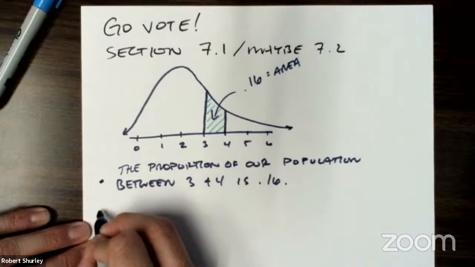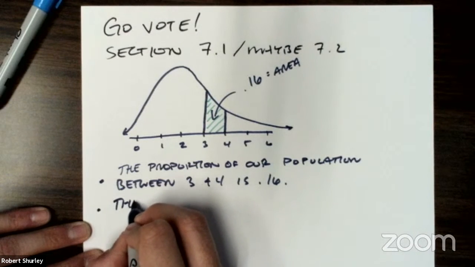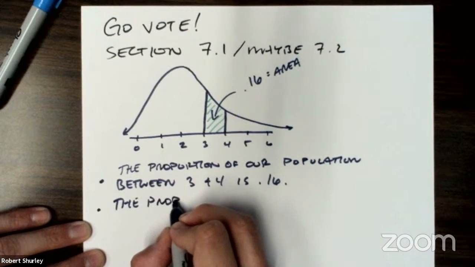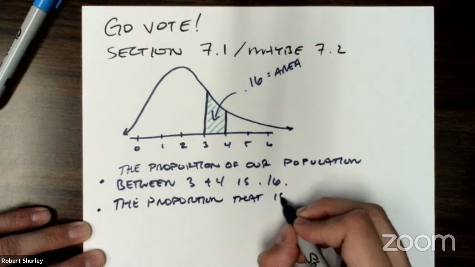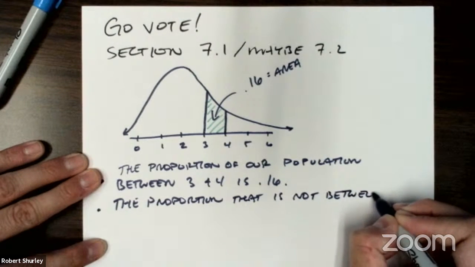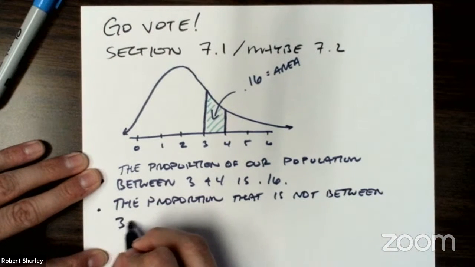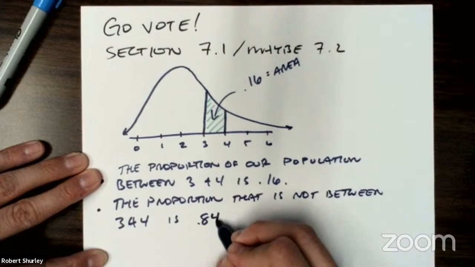Now, what that also means is that the proportion that is not between 3 and 4 is 0.84.